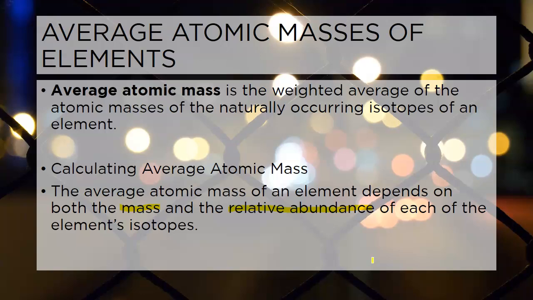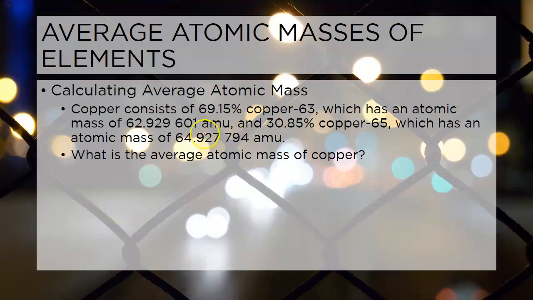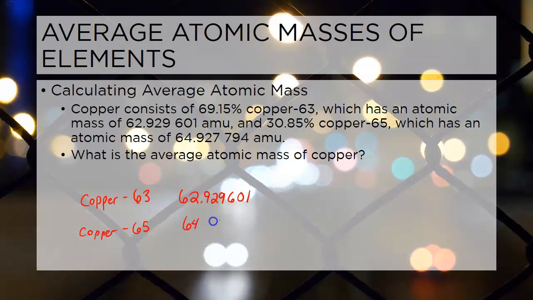The example problem I have involves copper-63 and copper-65. Copper-63 basically has a mass of 63. They gave us the mass to 8 sig figs, but really, copper-63's mass is 63, and copper-65's mass is 65, but they gave it to us as 64.927794 AMU.